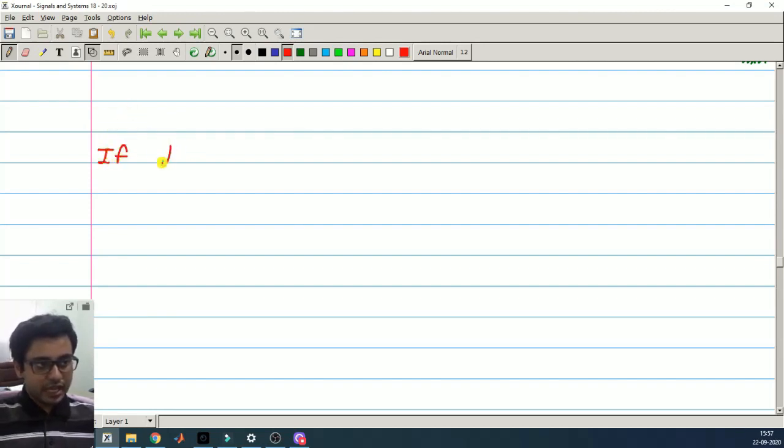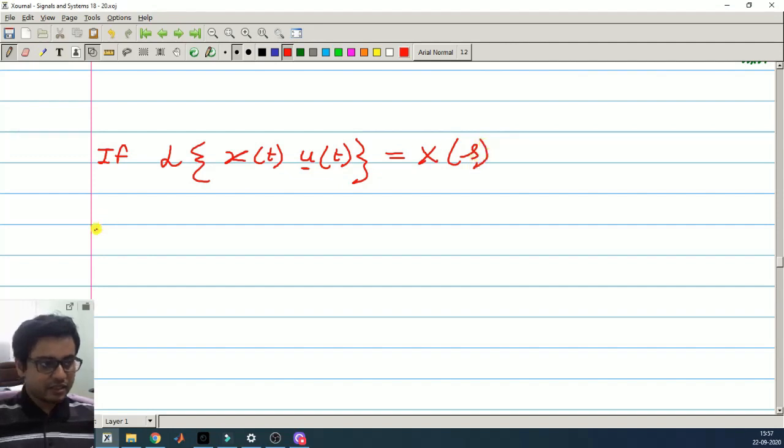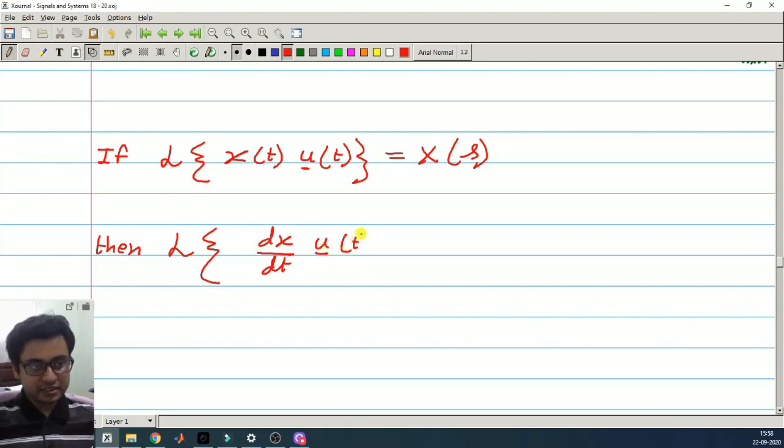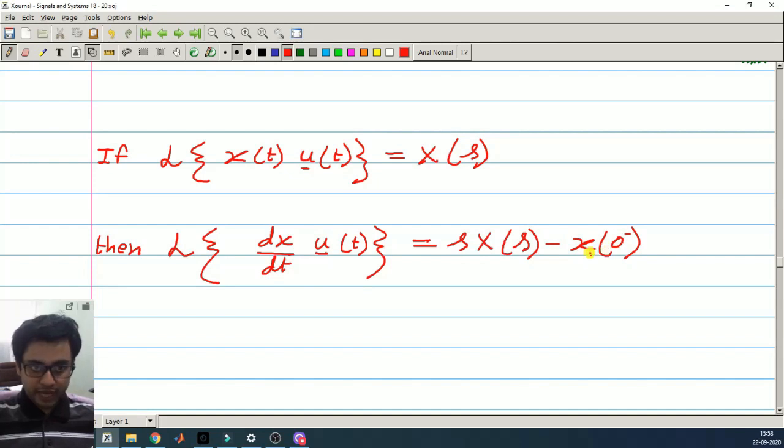If the Laplace transform of x t multiplied with u minus t is capital X S, then the Laplace transform of dx dt multiplied with u minus t is equal to s X S minus small x 0 minus, the value of the signal at just before time 0.